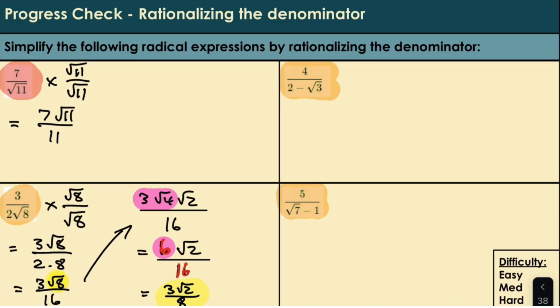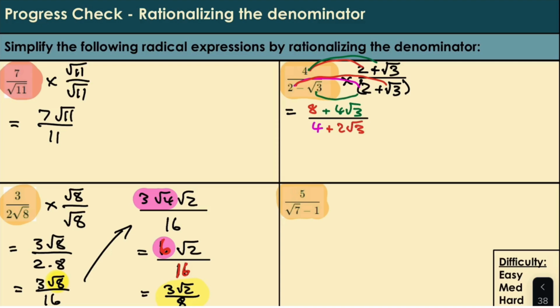On the right side, multiply by the conjugate in the top and the bottom. 4 multiplied by 2 is 8. 4 multiplied by root 3 is positive 4 root 3. 2 multiplied by 2 is 4. 2 multiplied by root 3 is 2 root 3. Negative root 3 multiplied by 2 is negative 2 root 3.